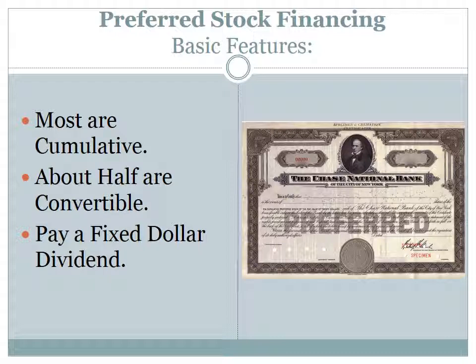It can really vary: $100, $200, $250. It generally represents the original selling price of the preferred stock when it hit the market. But it's the par value that is converted into shares of common stock at some point in the future.